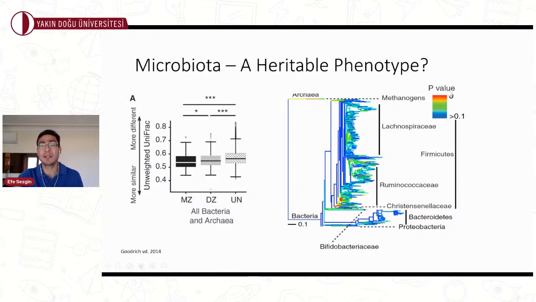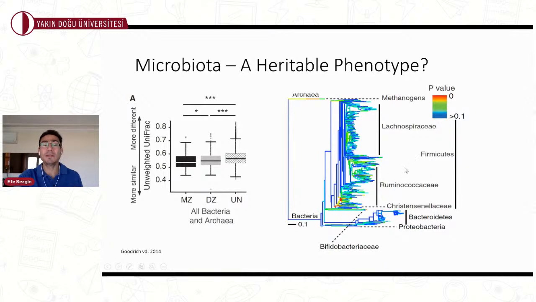The p-value means the statistical significance, and the more red it is, the more heritable it is. When you look at the overall distribution of taxa identified in this study, most of them are light blue, meaning they are really not heritable. The similarity between monozygotic twins and unrelated individuals was not all that different. But what was heritable was only a very tiny amount of these red-colored branches of the tree.